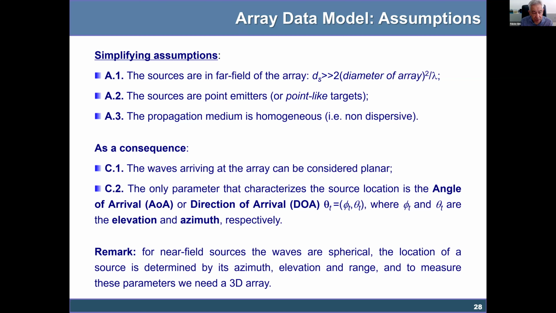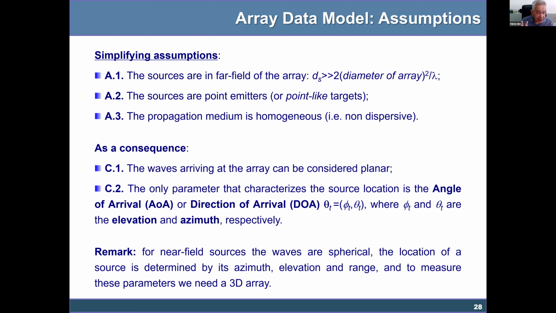The third assumption is that the propagation medium is homogeneous, so it is not dispersive. So basically, this assumption implies that when the waveform propagates, it doesn't get distorted, so it remains planar.